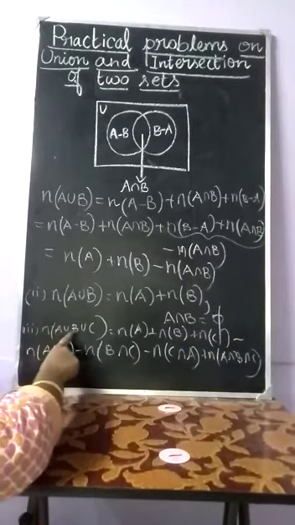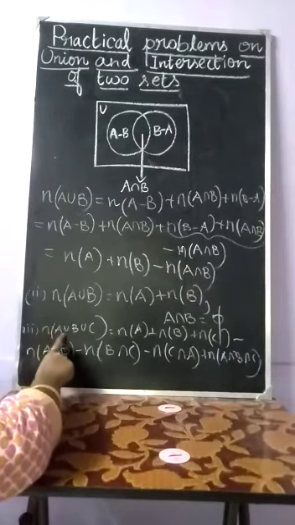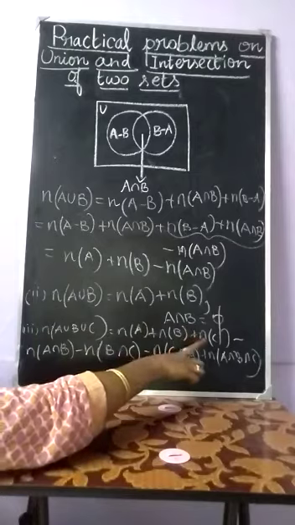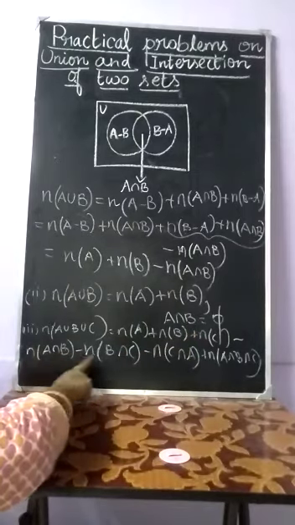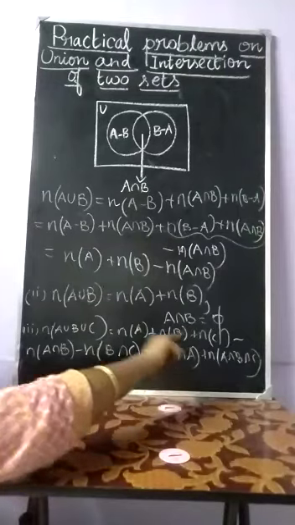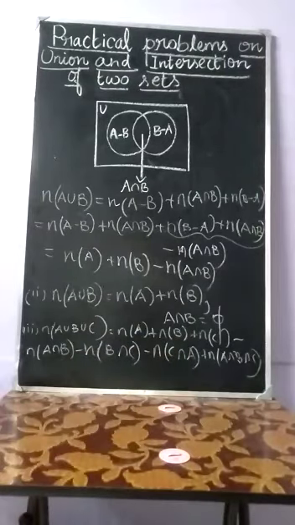When we use three sets, we have to write n of A union B union C is equal to n of A plus n of B plus n of C minus n of A intersection B minus n of B intersection C minus n of C intersection A plus n of A intersection B intersection C.